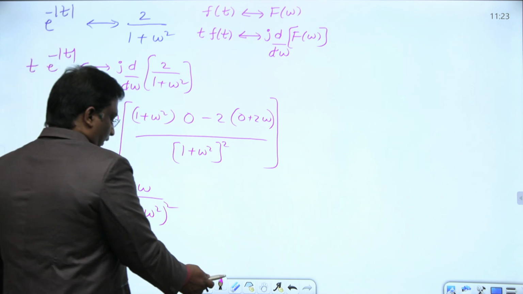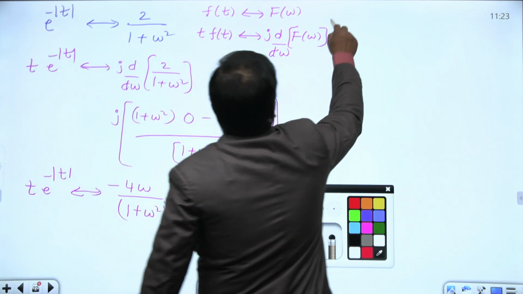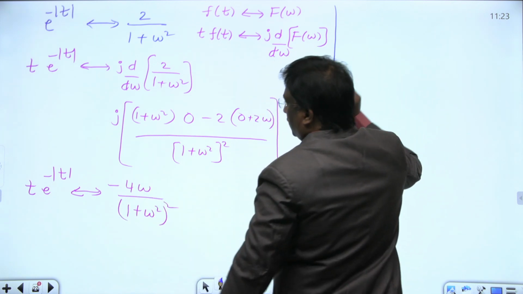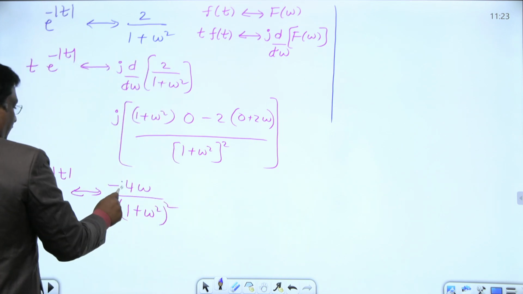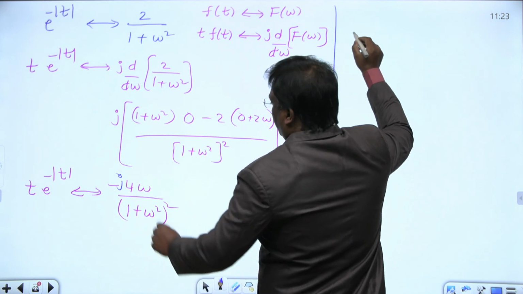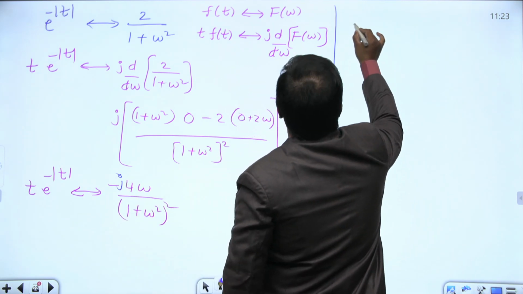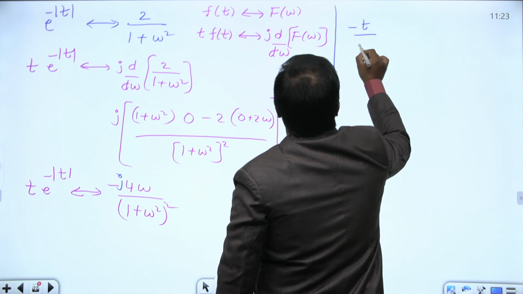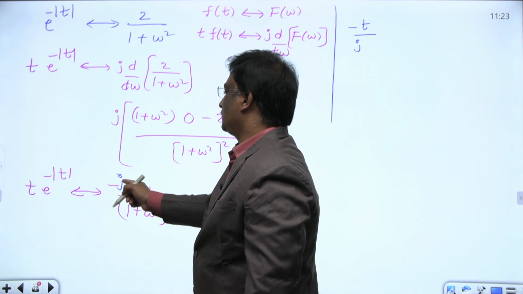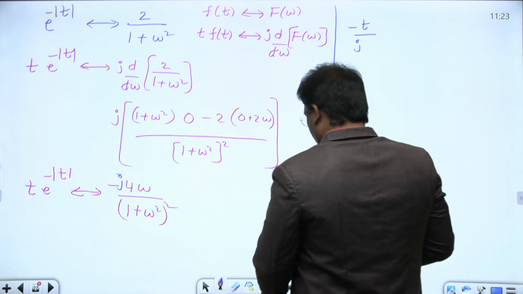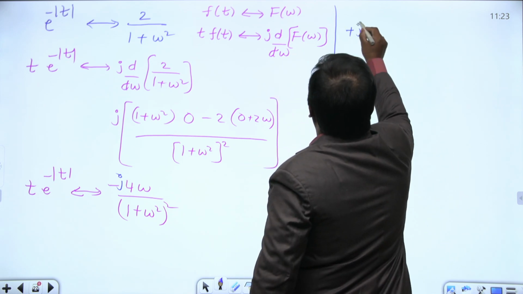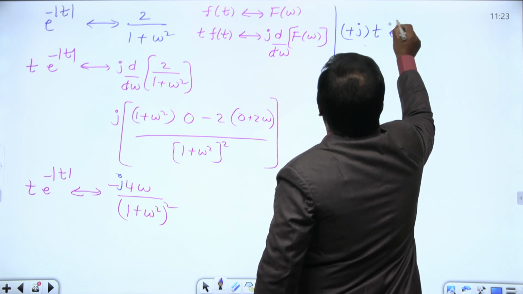There is a j term also. If I take j and 4 to that side, minus j when it goes to that side becomes plus j, into t into e power minus mod t.